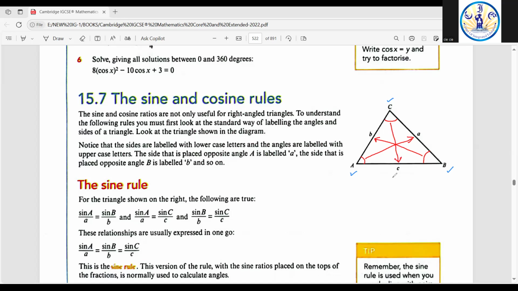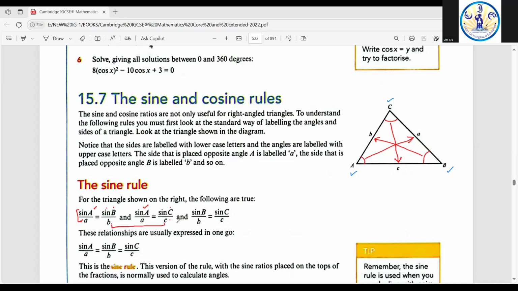Then the rule states that the ratio of the sine of angle A to the side opposite to it, that is a, will be equal to the ratio of the sine of angle B by the side opposite to angle B, that is small b, and the same sine A divided by a is equal to sine of angle C divided by c, and we can equate this to this as well.